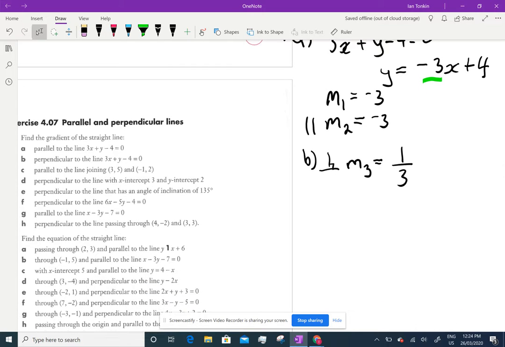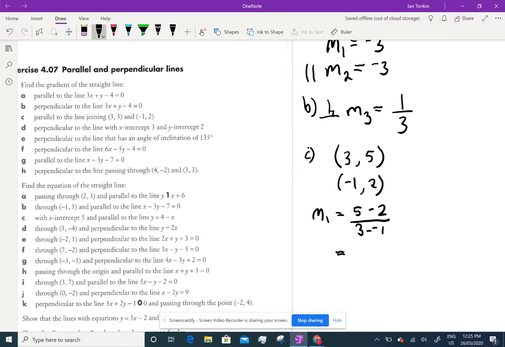If they've given you 2 points, remember, that method's quite easy. Write your 2 points above one another, 3, 5, -1, 2. What you need to do is calculate the gradient, M1. You subtract the y's, so 5 minus 2, making sure you keep them in order, and 3 minus -1.